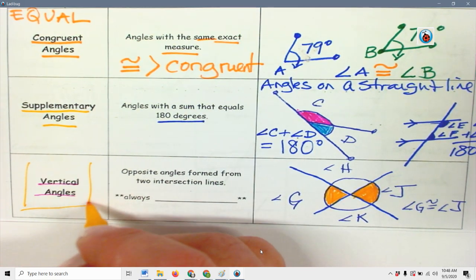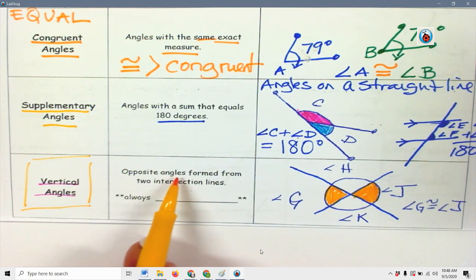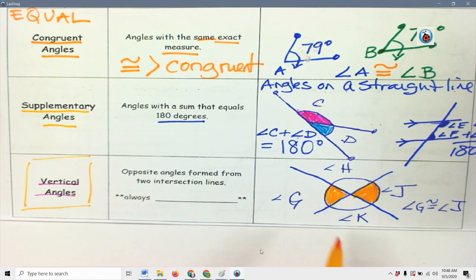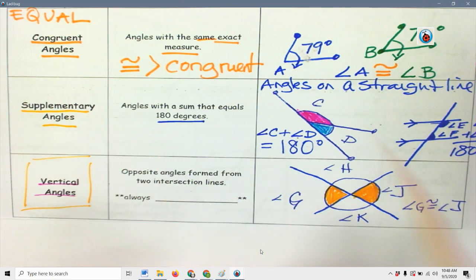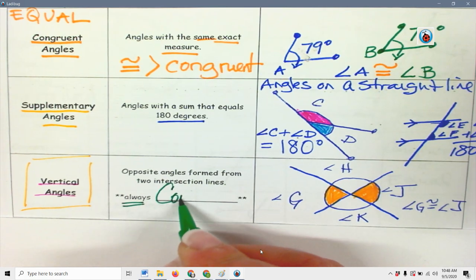So by definition, all opposite angles that are formed from two lines that intersect or cross are always congruent.